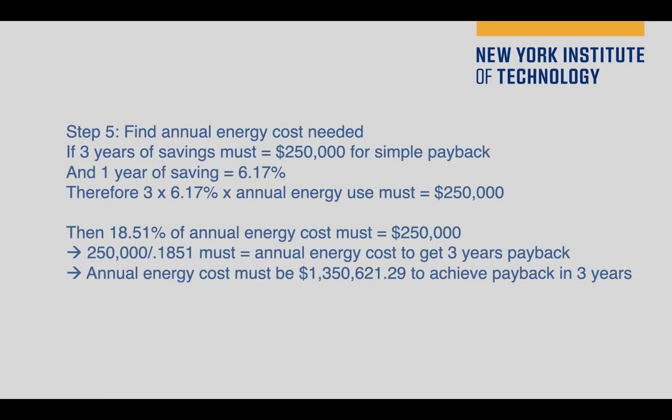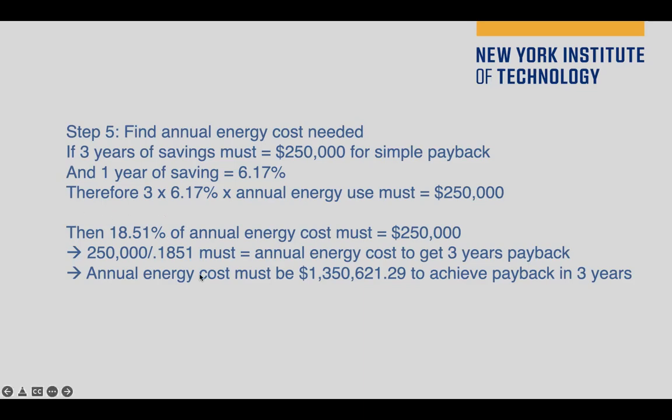So if we have 3 and 250,000, divided by 3, we have 83,333, this amount of value.